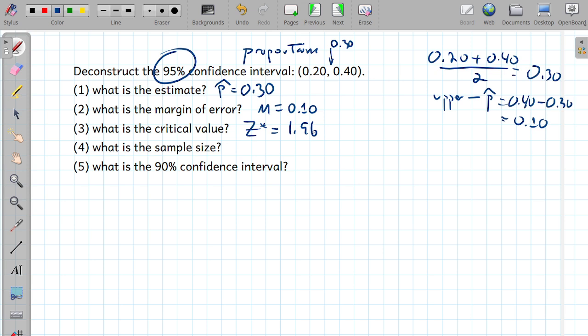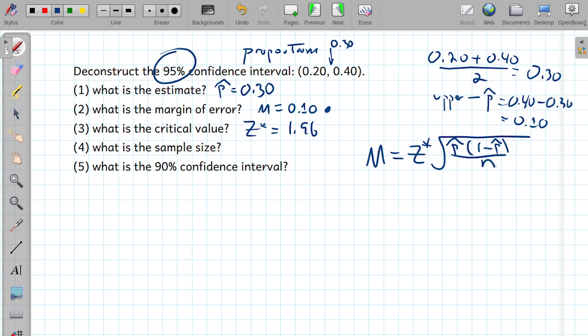What is the sample size? Okay, how do we get that? We have to think about this for a minute. What do we know? We know the margin of error. The formula for margin of error is the critical value Z star times the square root of p hat times 1 minus p hat, over n.